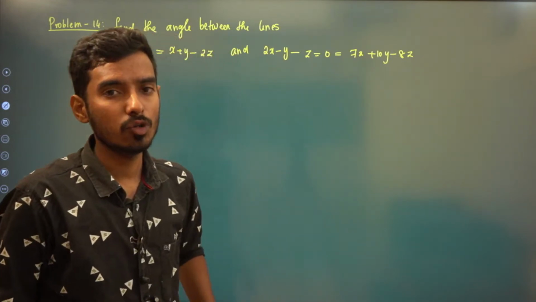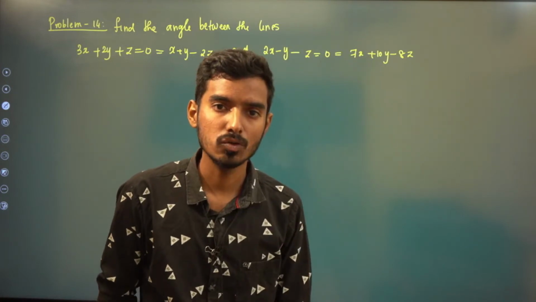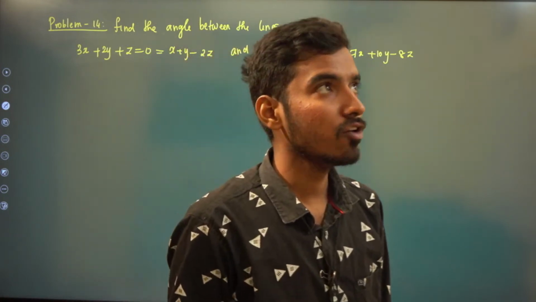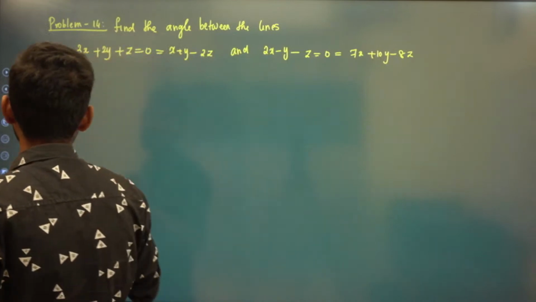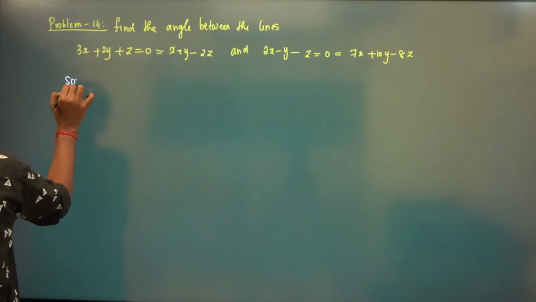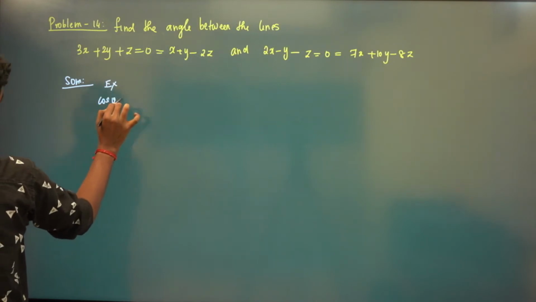Find the angle between them using the formula cos theta is equal to (a1 a2 plus b1 b2 plus c1 c2) divided by root of (a1 square plus b1 square plus c1 square) into root of (a2 square plus b2 square plus c2 square). Just take the exercise, so you just use this formula.